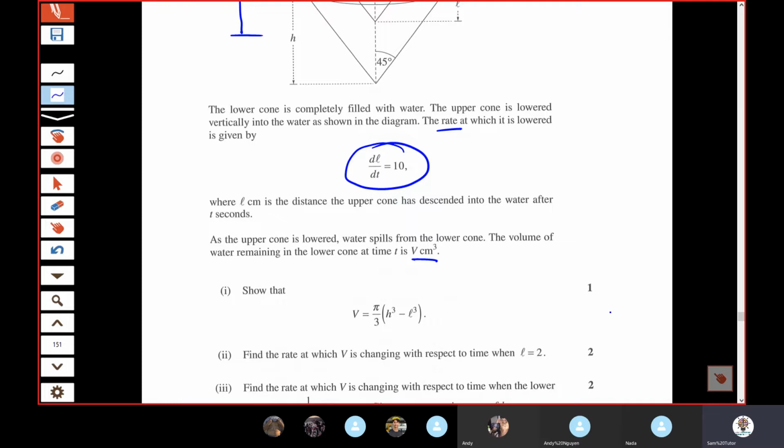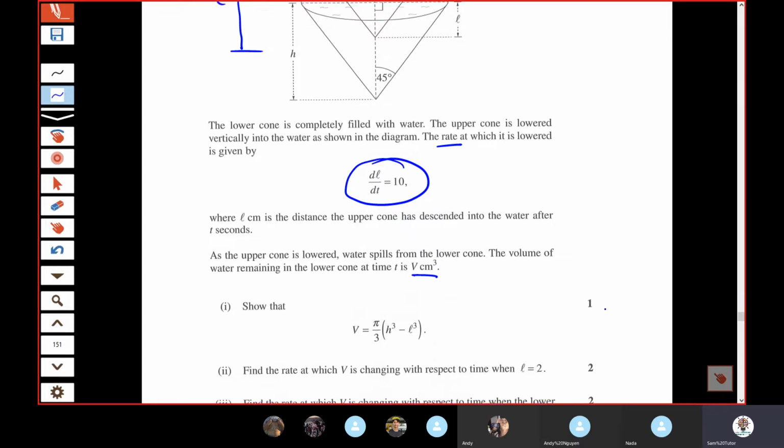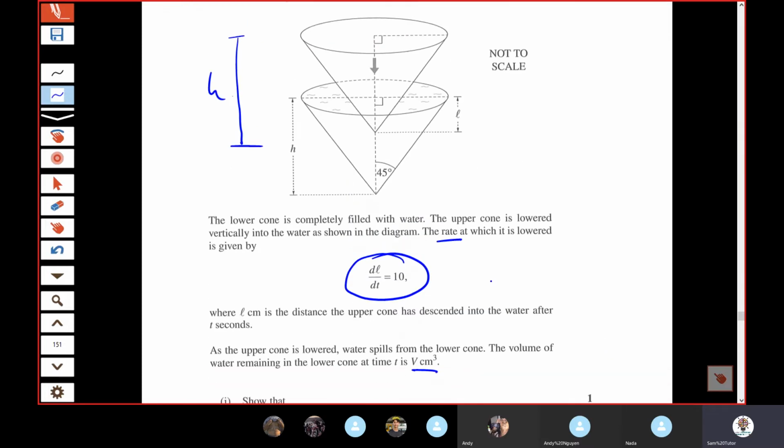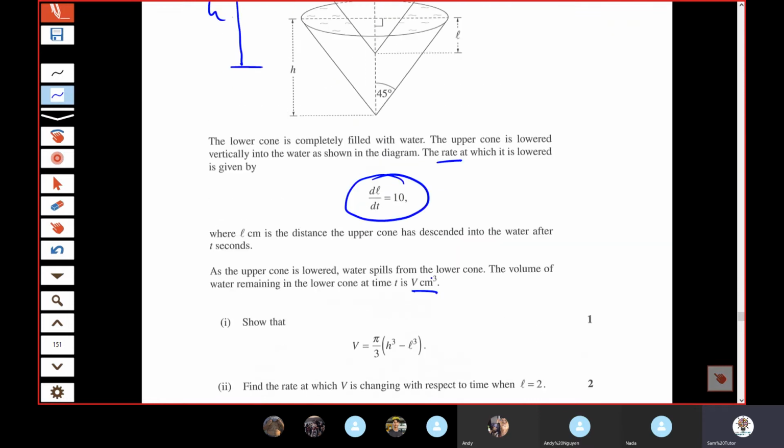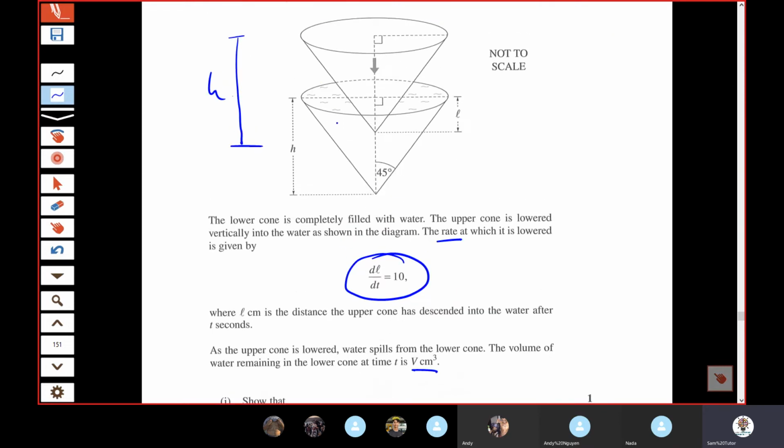So let's try this. Volume remaining. Well, the volume remaining should obviously be the volume that it originally had minus the volume of this bit up to L. We agree with that?